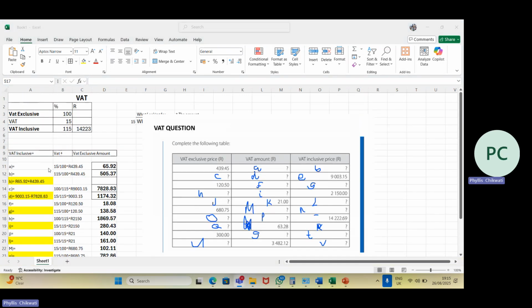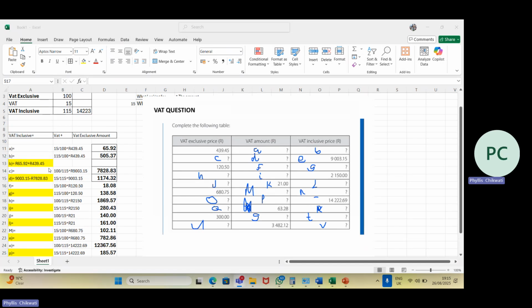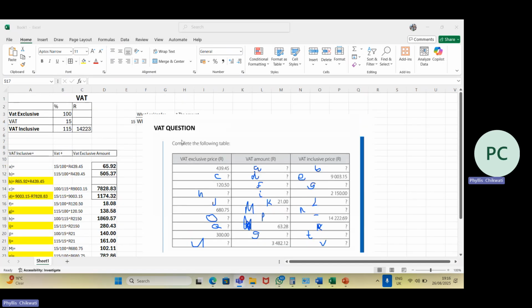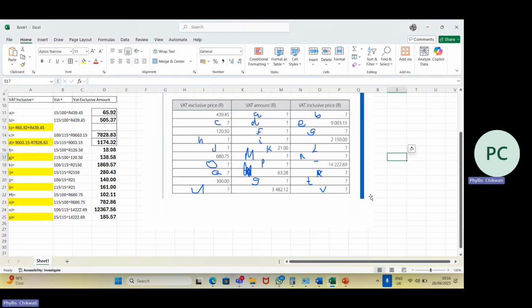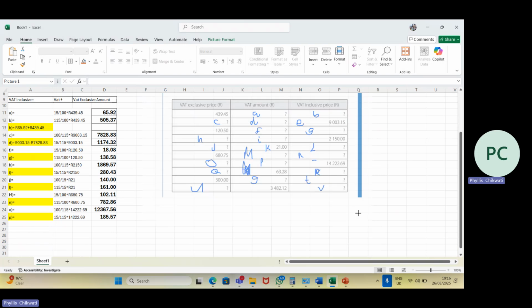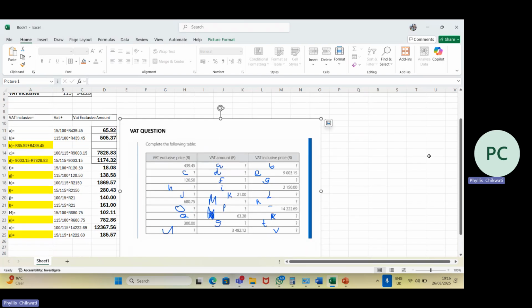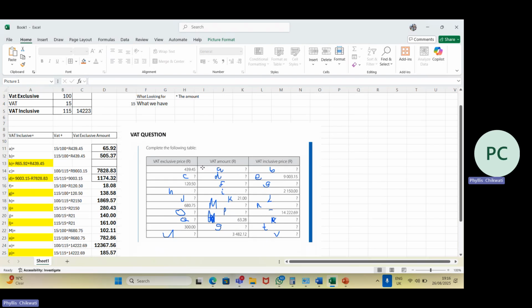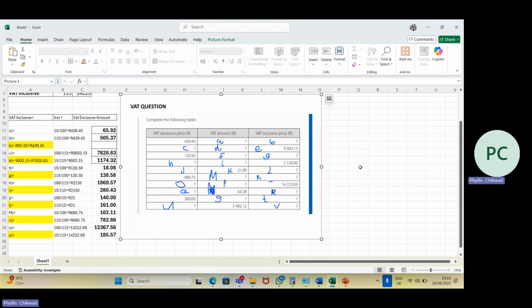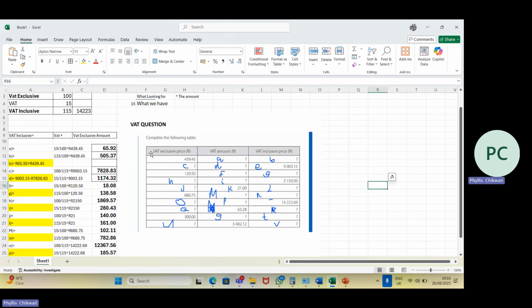So this is the VAT calculation. There is really no other way that they will ask you this question. It's either the amount is VAT inclusive or the amount is VAT exclusive. Then you are required to calculate the VAT portion. So how do you calculate that?